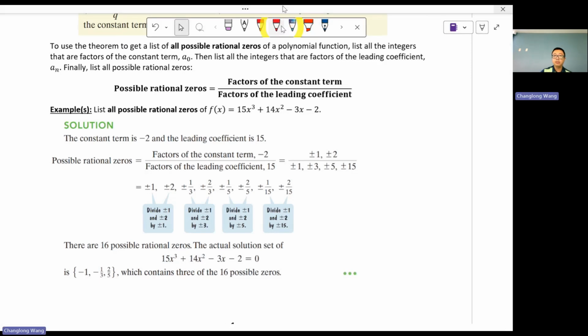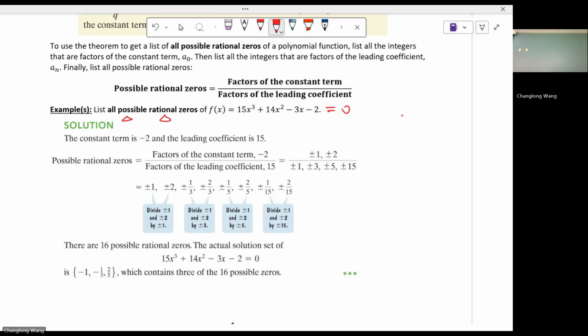Let me emphasize that we are looking at all possible and rational zeros. First off, you know that zeros are x-intercepts. They are the solutions to an equation, right? Just by setting the polynomial function to 0.